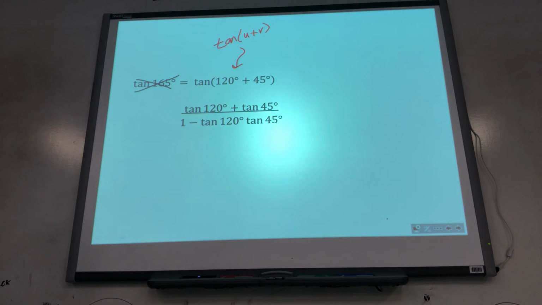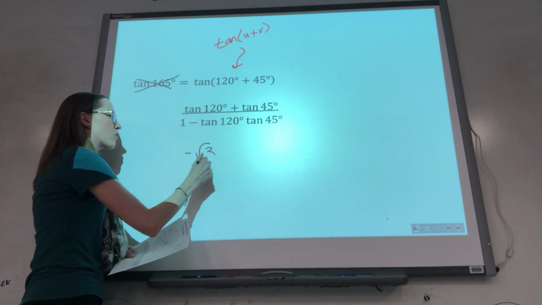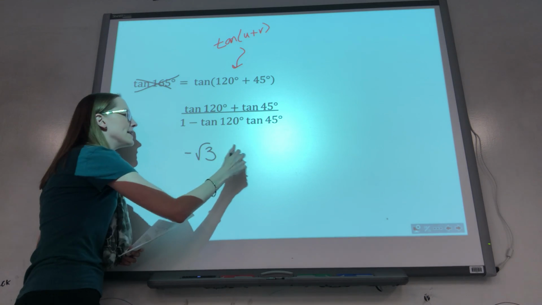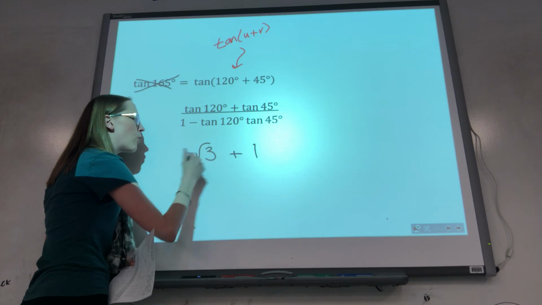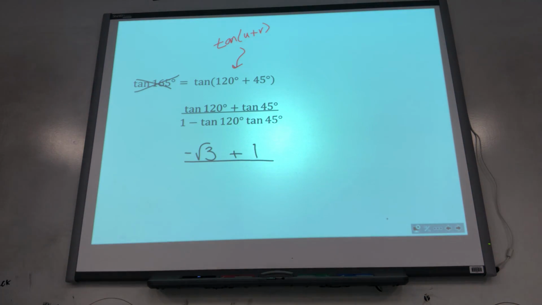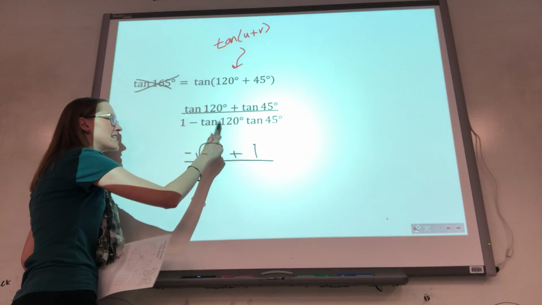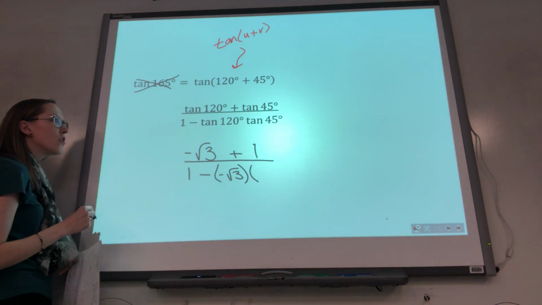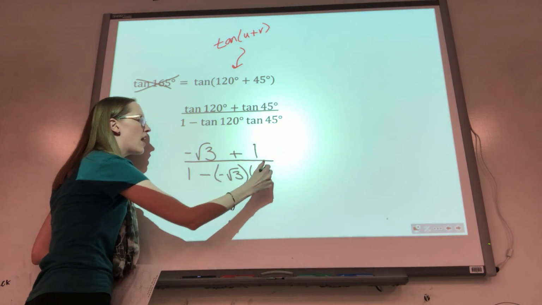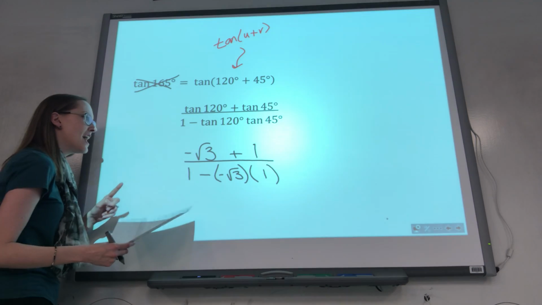Let's start to fill all of this in. Tangent of 120, where are you? There you are. Negative radical 3 plus tangent of 45, which is 1, all over 1 minus tangent of 120, which again is negative radical 3 times tangent of 45, which is 1.